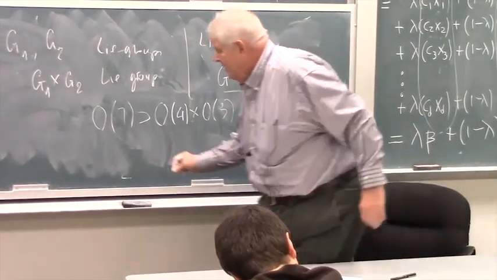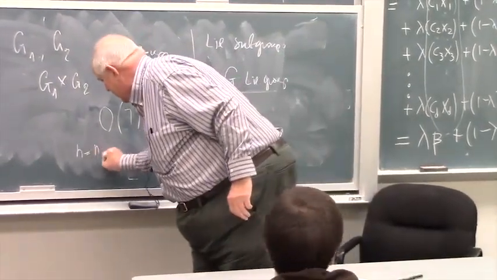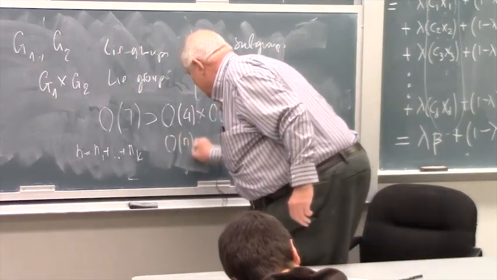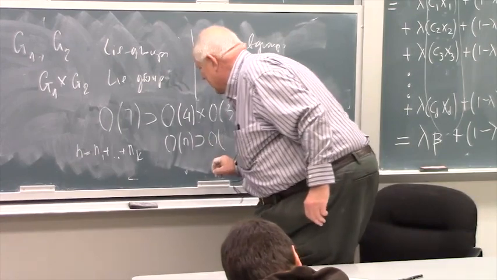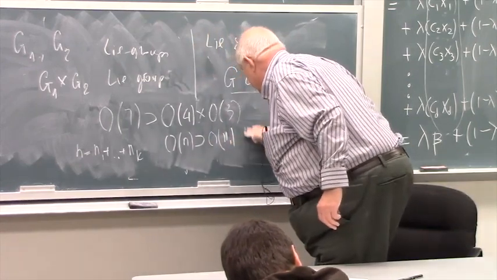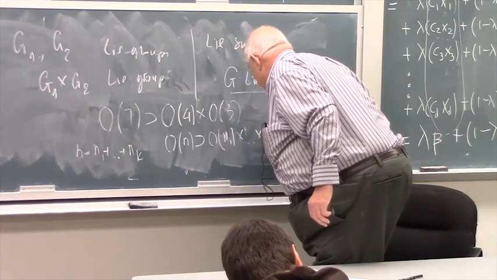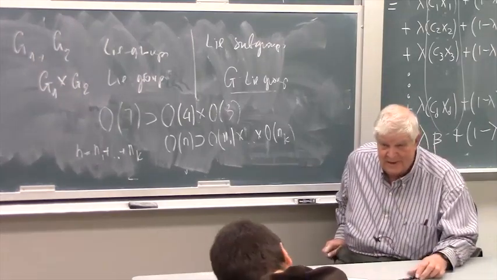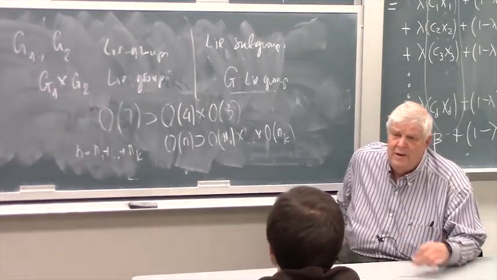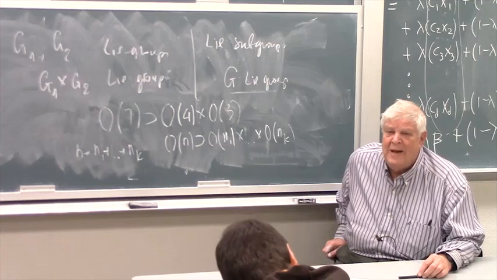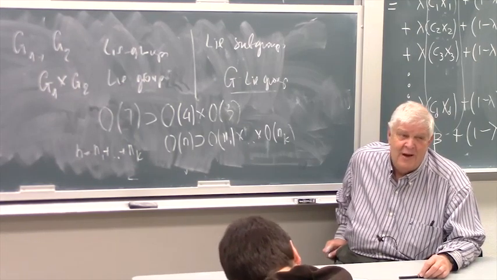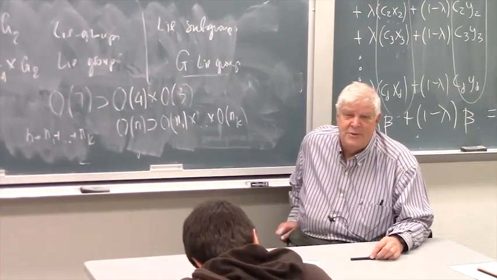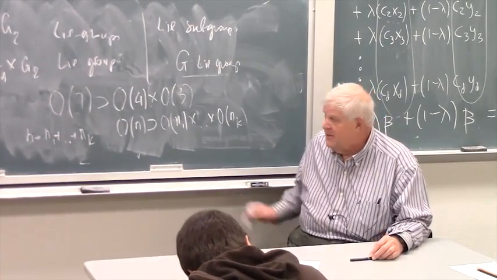Actually, if n is equal to n1 plus through nk, then the group O(n) contains this product, again block diagonal matrices. Okay? If you replace O by SO everywhere, it will be the same. Or if you don't like O or SO, you can write U. SU is also okay. So there are many examples like this.